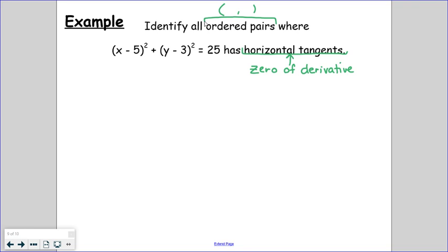So let's go through and differentiate using our implicit differentiation. First function, x minus 5 squared, chain rule. So I would do power rule on the outside, leave the inside alone, times the derivative of the inside. Well, the derivative of x minus 5 would be times 1, which is not going to change anything. Second, again, I do my chain rule, so derivative of the outside, leave the inside alone, times the derivative of the inside. And this time, the derivative of y minus 3 is going to be y prime. Derivative of 25 is 0. And then I need to get y prime by itself, so I can add.